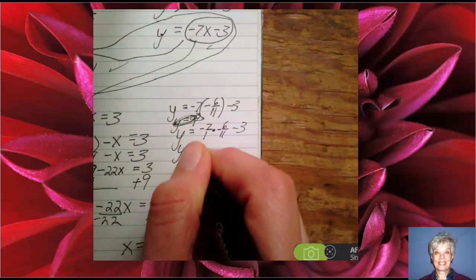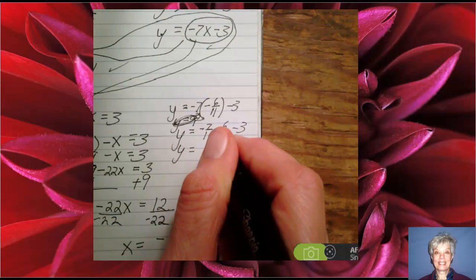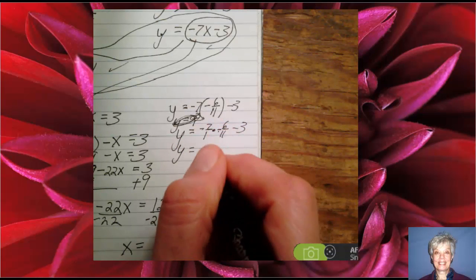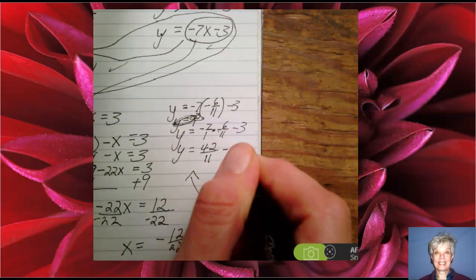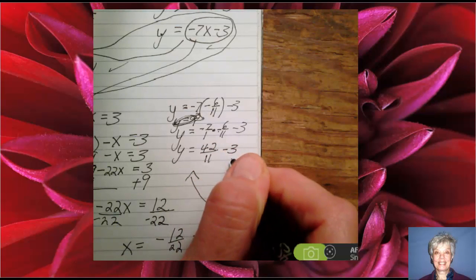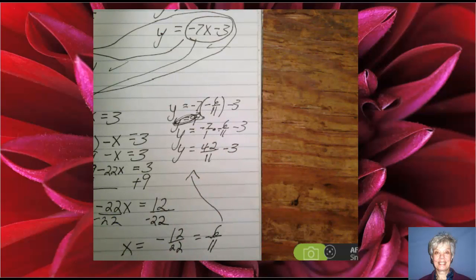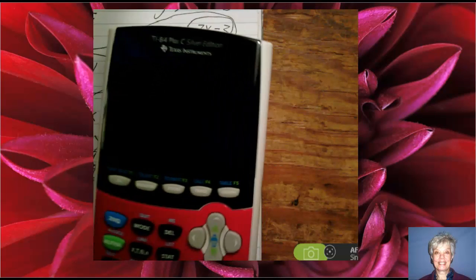That will be y equals negative times negative is positive 7 times 6 is 42 over 11 minus 3. Did I say negative 42 over 11? I meant positive 42 over 11 because our negatives canceled out. Now, you can do this by hand or you can do it with the calculator, and it's pretty nifty how the calculator does this.